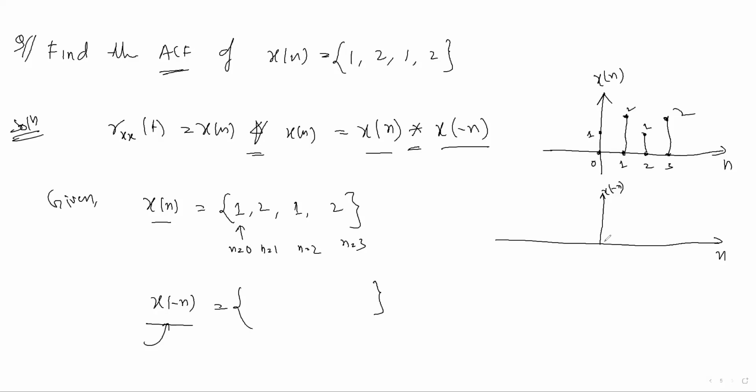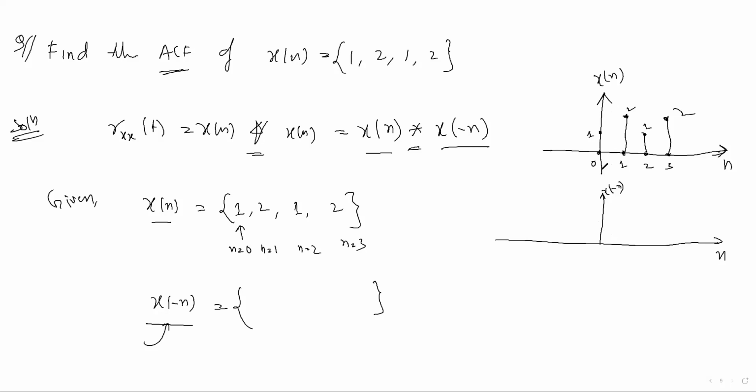What is the value at n equal to 0? In this case, if you fold the signal, it's 1. Obviously, it's 1. So good. You should be attentive in the class.